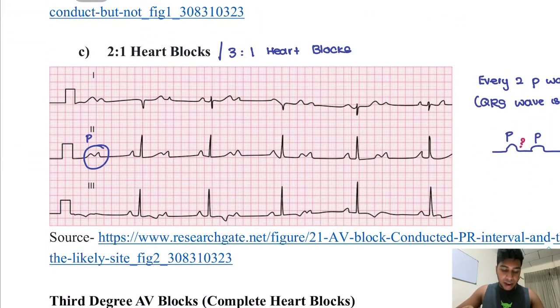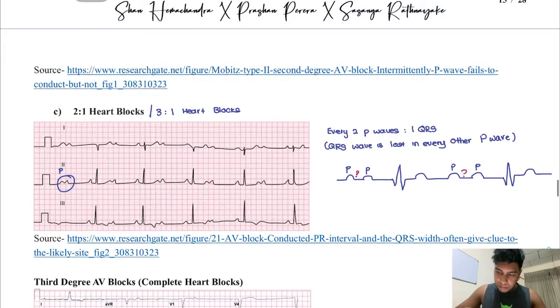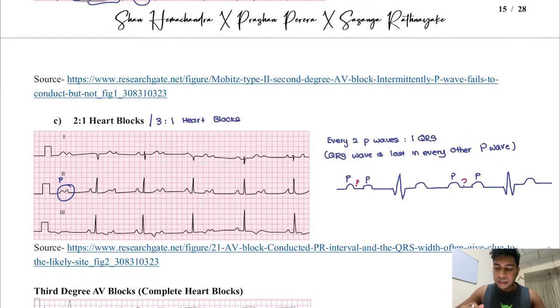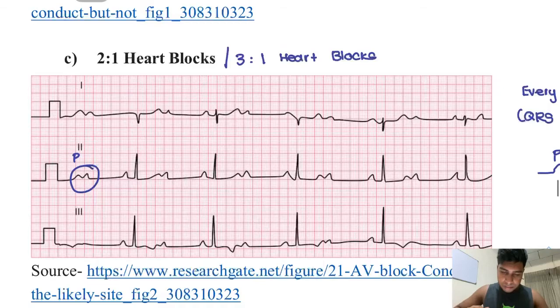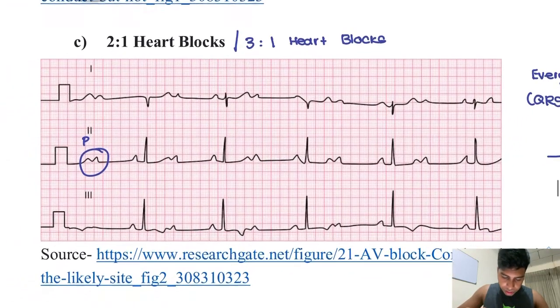Next, we have heart block. Okay, and that also has a similar description as the atrial flutter wave. You talk about how many P waves are there to every QRS complex. Okay, so if you look here, what I need you to know about this is P waves are independent of the QRS complex.